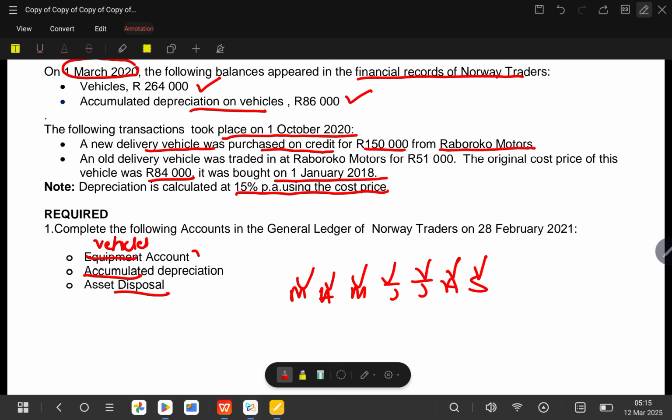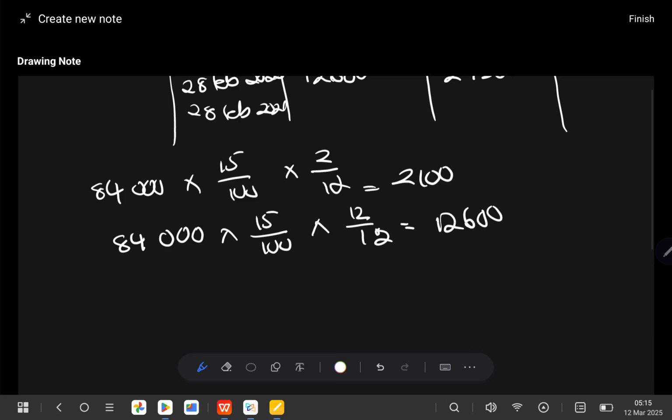So when we do the calculation, we are going to say 84,000 multiply by 15 divided by 100, and then multiply by 7 over 12. Remember, it's going to be March, April, May, June, July, August, September. So let's see. 84,000 multiplied by 15 divided by 100, and then multiply by 7 divided by 12.